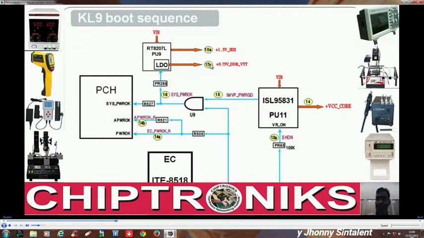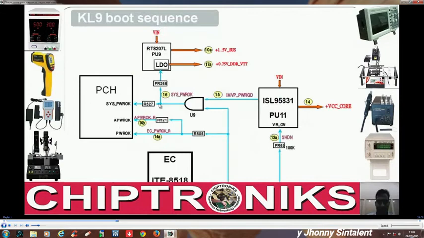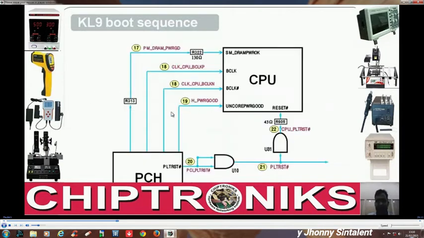I'm just going through it fast right now in order to give you a view of how a notebook motherboard gets started, how the hard start of a notebook motherboard operates, right? So after the 16th step, the 17th step is the PCH generates PM_DRAM_PWRGD, then it generates CLK_CPU_BCLK.